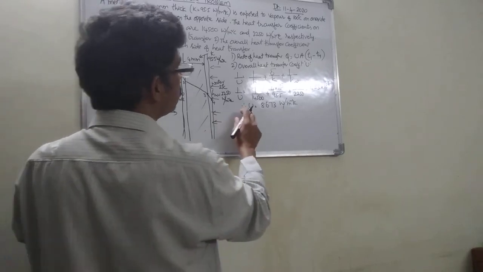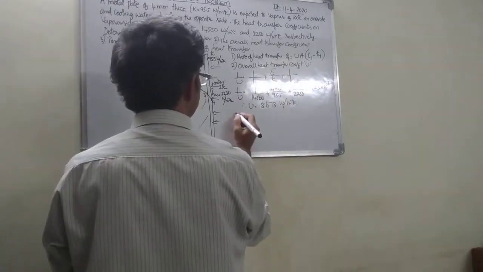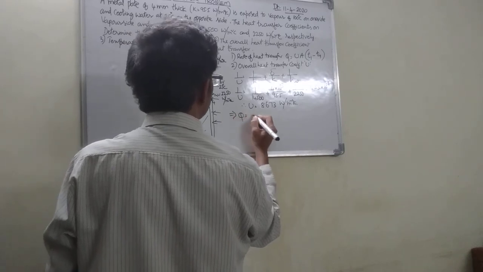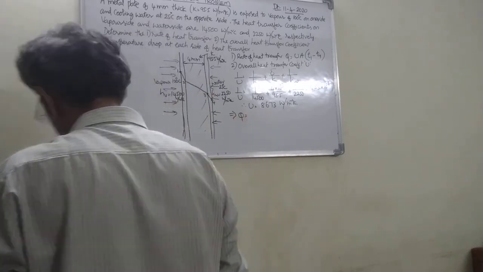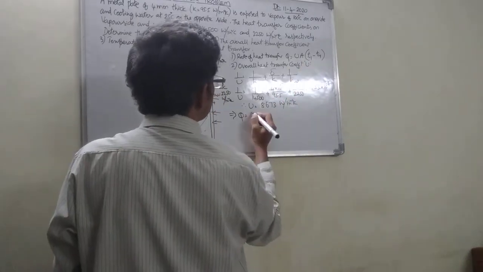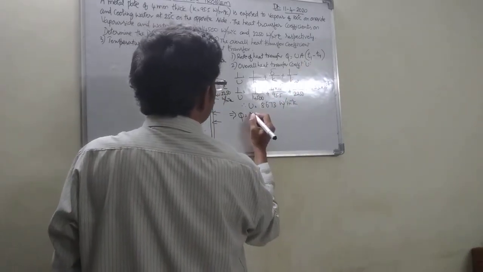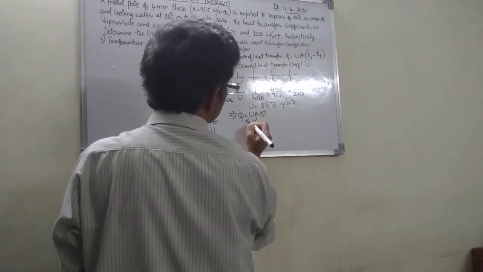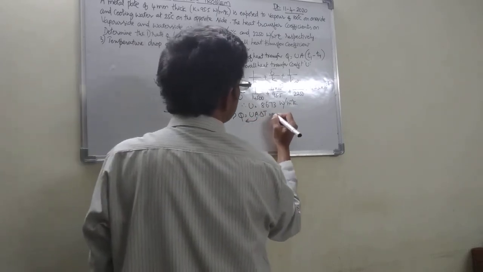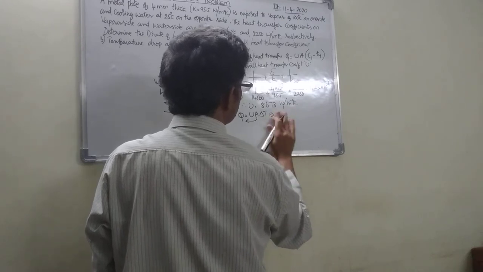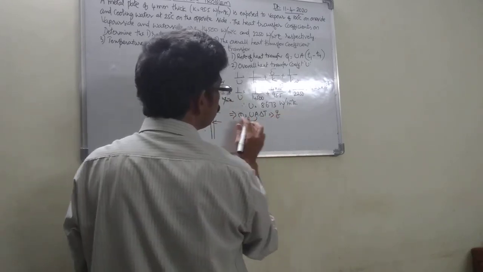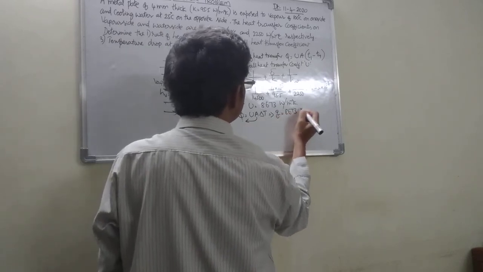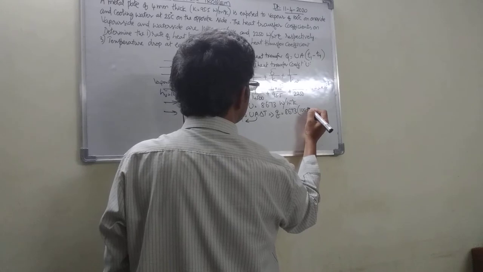So if you substitute this value here, then you will get the Q. So Q is equal to UA delta T. Here we take it as the rate of heat flow, small q, is equal to Q by capital A, which is equal to 8673 into 100 minus 25.